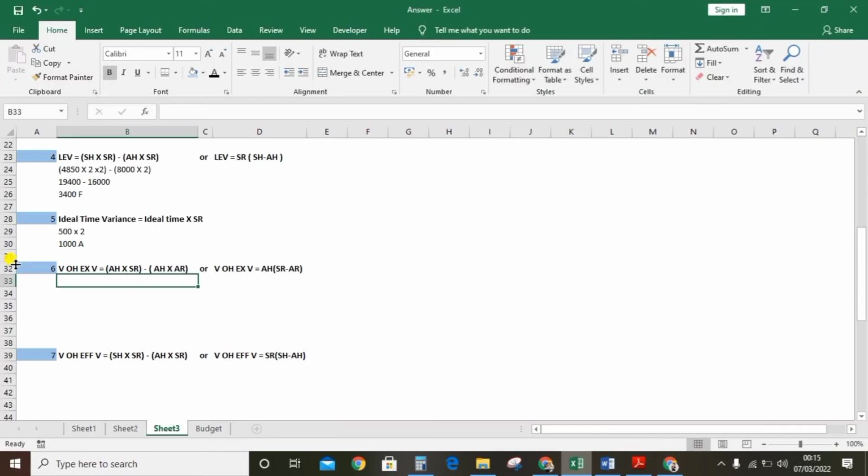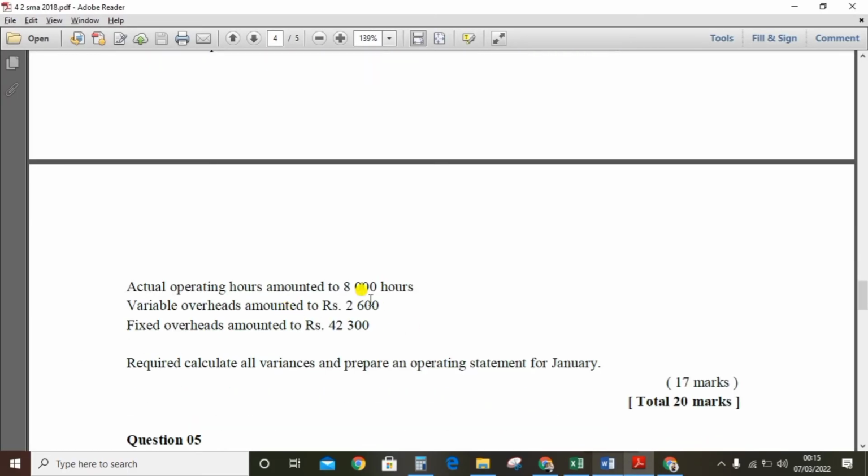Here actual hours AH, that means actual hours for production. In the question paper they didn't mention the actual hours, so we need to take the labor hours as the variable overhead actual hours. So what is the labor hours? Operating hours, because we use the variable overhead when operating the production.